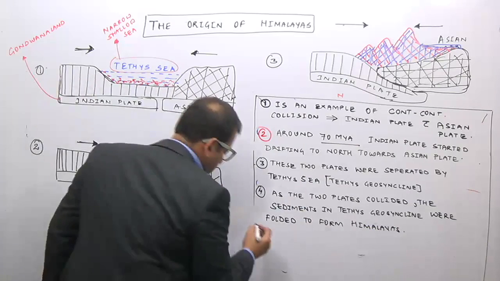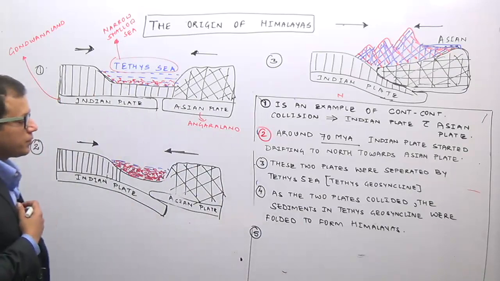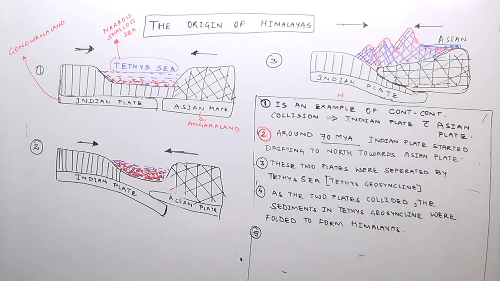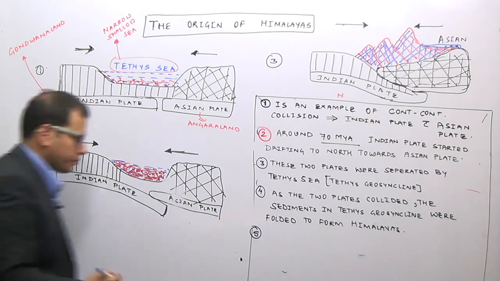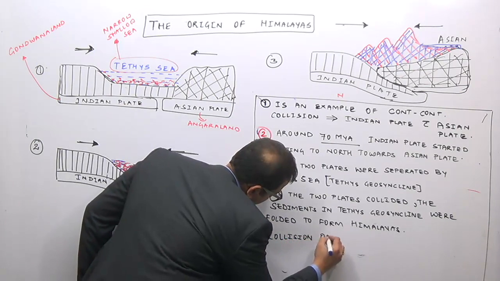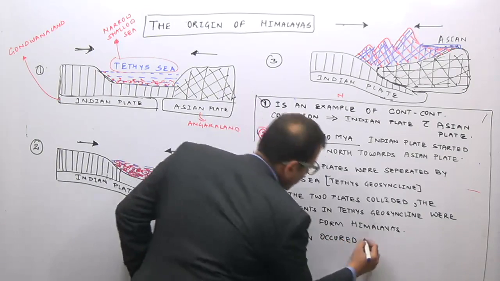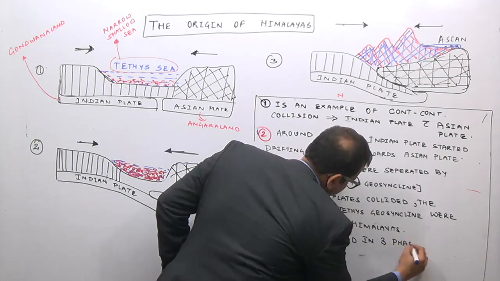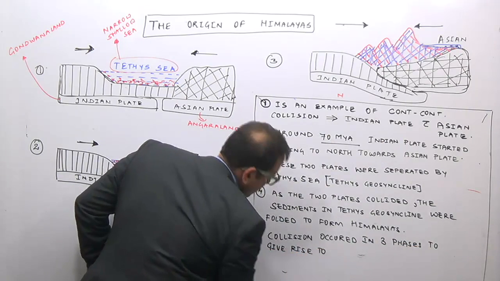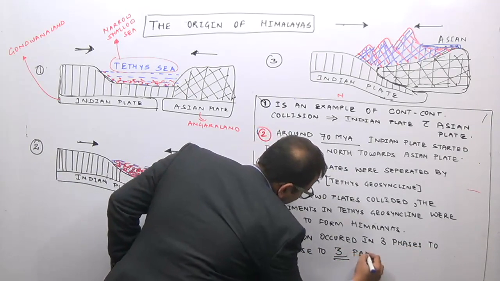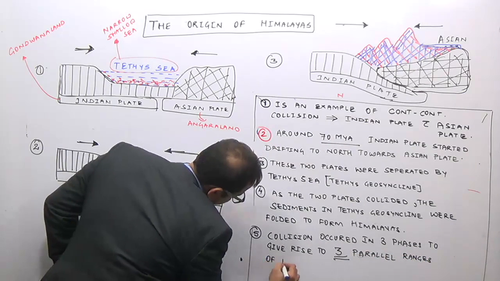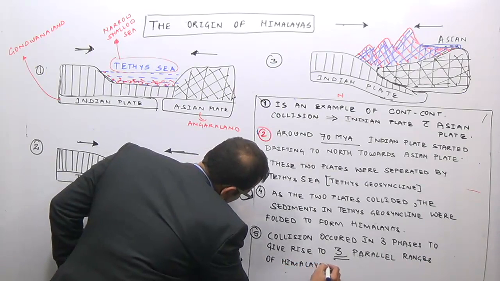Now you remember, the folding or the collision occurred in three phases, to give rise to three parallel ranges of the Himalayas.